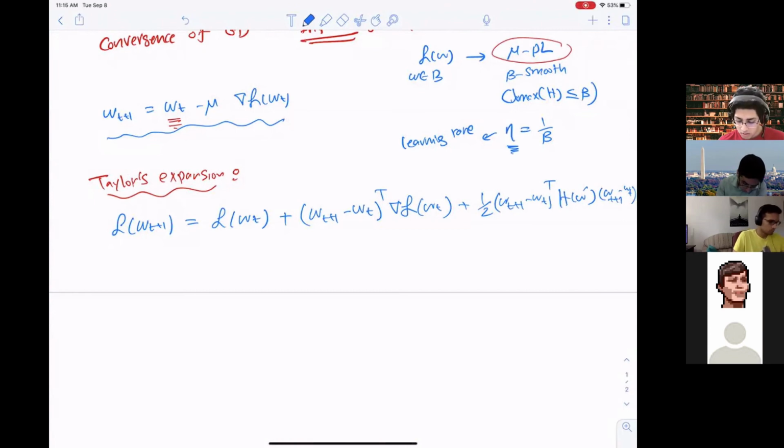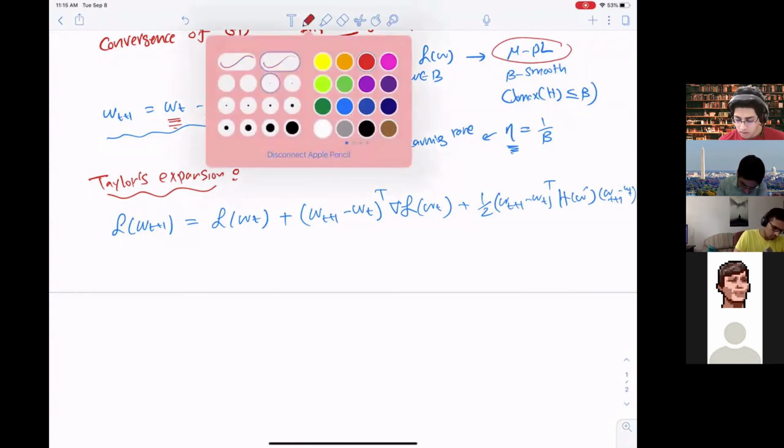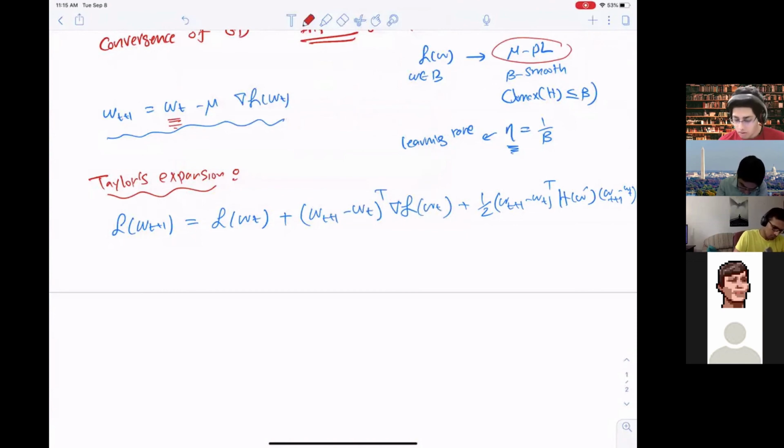All right, so let's replace the terms that we know. What is W_{t+1} minus W_t? I'm using gradient descent, so W_{t+1} minus W_t is equal to minus eta times the gradient. So wherever I see W_{t+1} minus W_t, I'm going to replace it with minus eta times the gradient vector.